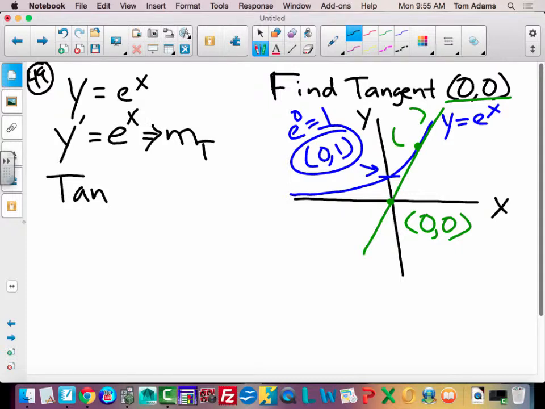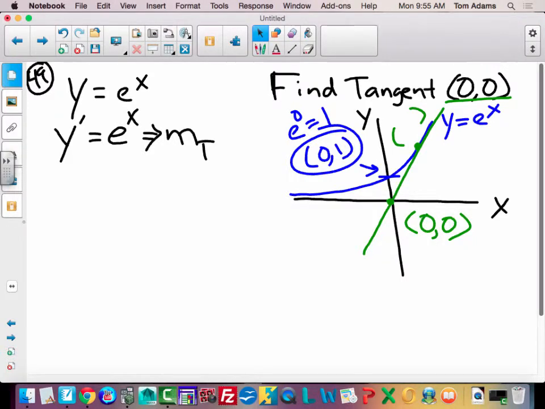Sort of, we've got to evaluate it. So now to find the tangent line, we need a point, which is weird. We need a point on the tangent line that's also on the curve.